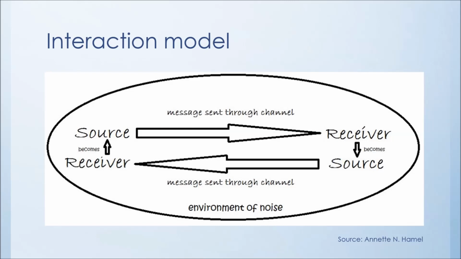You could do this in a mediated format, such as text messages going back and forth, or in in-person conversations, such as a question and answer session. But the important thing to remember about the interaction model is that the two parties are taking turns being source and receiver in the same conversation.